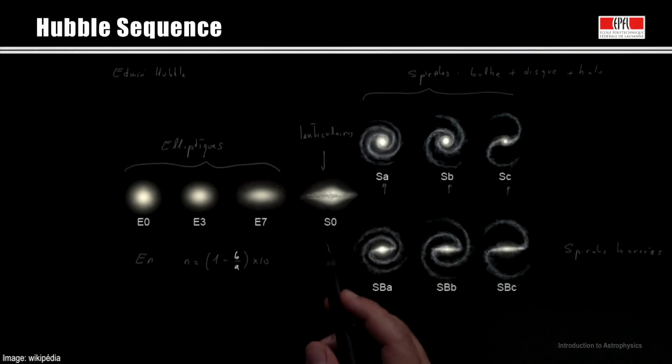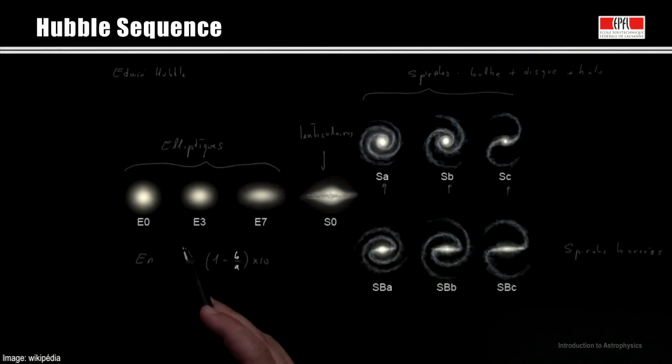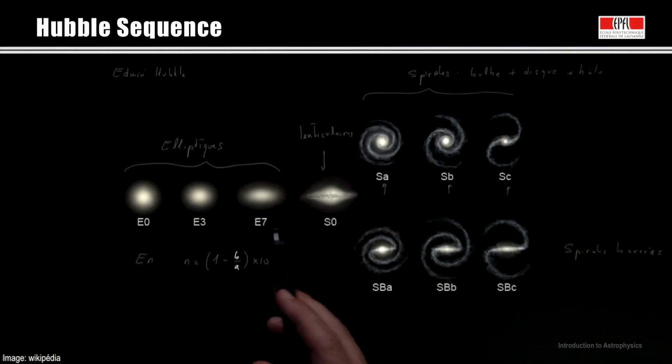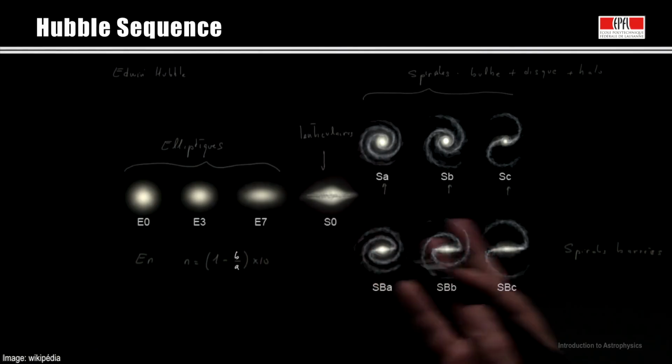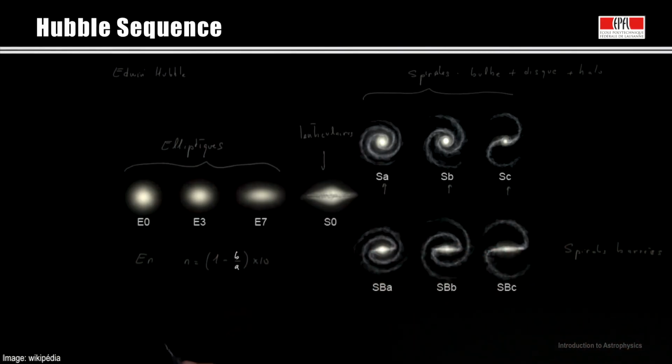Back to the evolutionary sequence, which is not evolutionary, as the elliptical galaxies do not evolve into spiral galaxies, as it was thought by Hubble. This is a mere morphological sequence. Be careful here. The Hubble sequence is a morphological sequence.